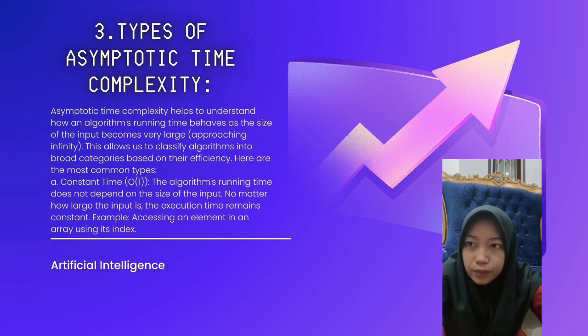Here are the most common types. A. Constant time O(1). The algorithm's running time does not depend on the size of the input. No matter how large the input is, the execution time remains constant.